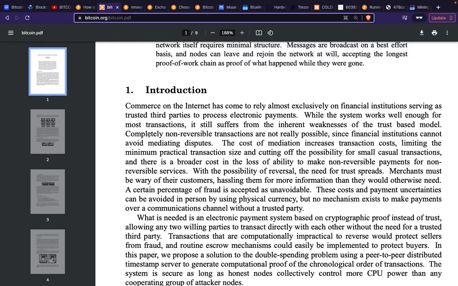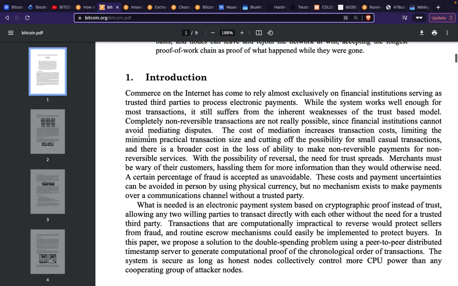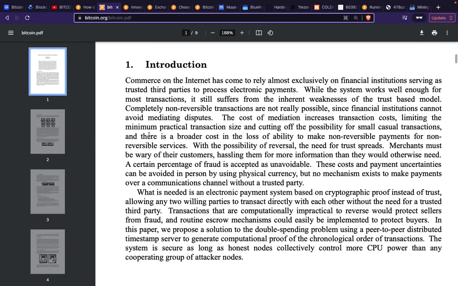But you still have people buying Grayscale GBTCs, and they call it Bitcoin just because they got it at some weird discount, something crazy. So okay, these are the problems Bitcoin fixes.